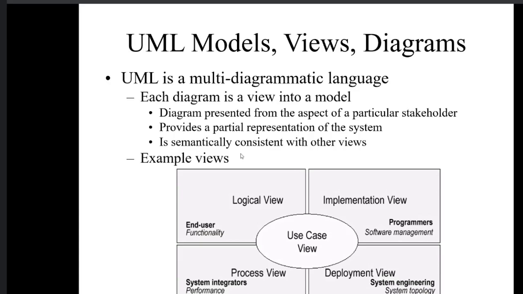A large system can be divided into models, and these models can be subgrouped into views, and these views should be small enough to be represented in one diagram. So for each view we try to have a diagram. It provides a partial representation, and it should be semantically consistent with other views.